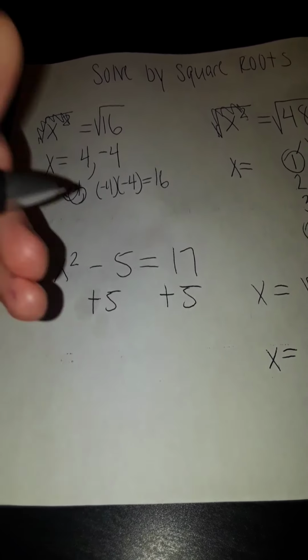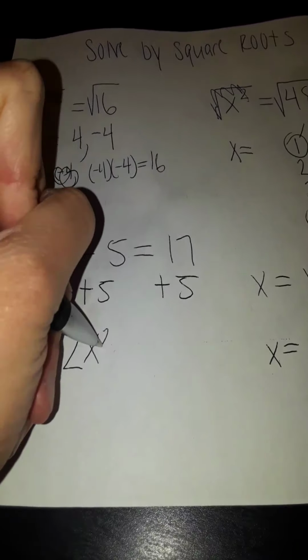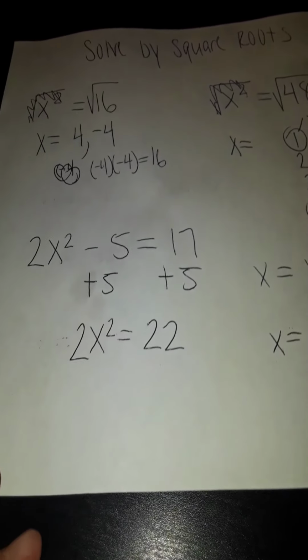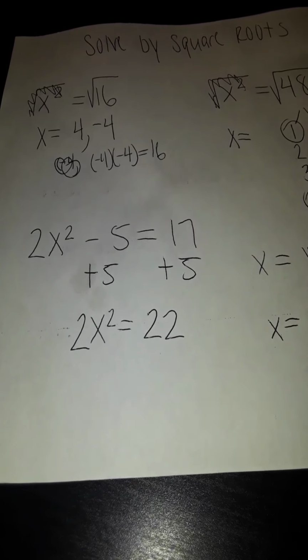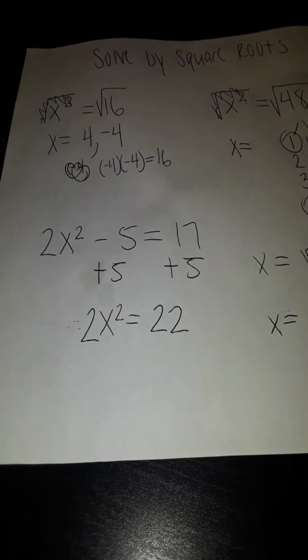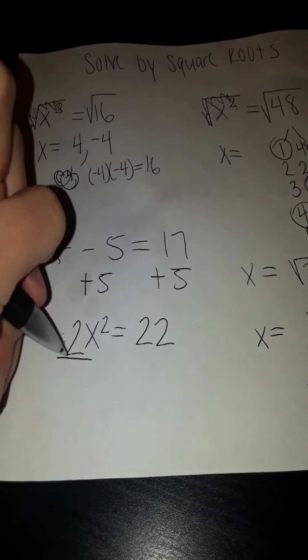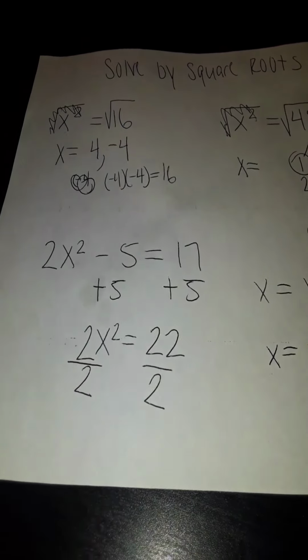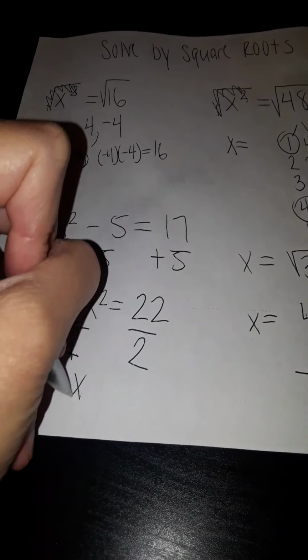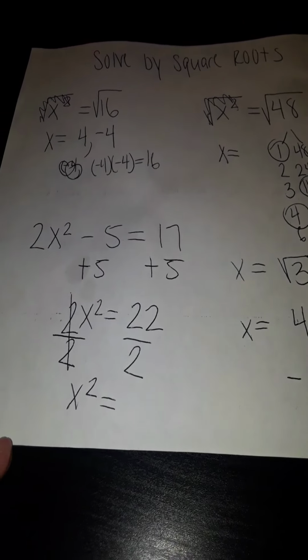Adding it. 17 plus 5 is 22. And again, I'm trying to get x by itself. That means this 2 has got to go. This is 2 times x squared. What's the opposite of times? Dividing. I'm going to divide both sides. 2 and 2 will cancel out. We have x squared equals 11.